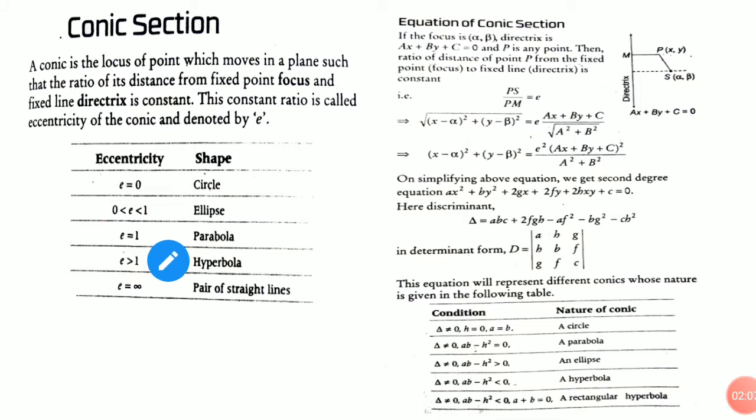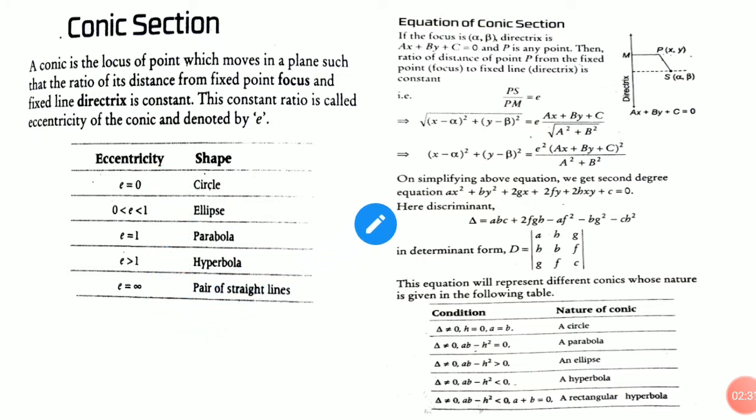When E is equal to 1, the shape is a parabola. When E is greater than 1, the shape is a hyperbola, and if E is infinity, the shape is a pair of straight lines. So the shape depends on the value of eccentricity.